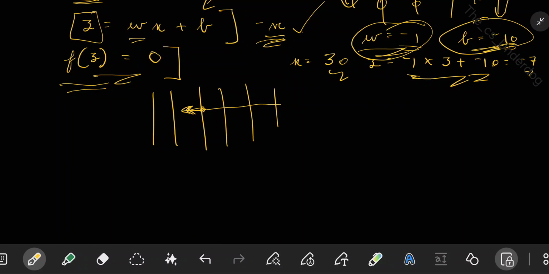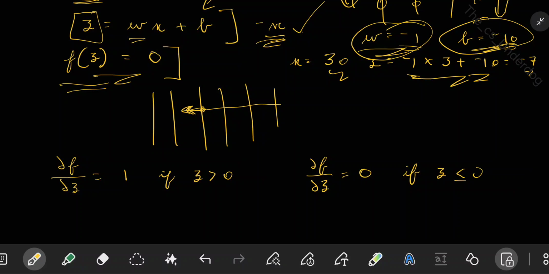Then if you differentiate this, del f by del z, for the ReLU activation function, we already discussed the derivative in the last lecture. For ReLU, this will be 1 whenever z is greater than 0. But this del f by del z will be 0 whenever z is less than or equal to 0. And this is the problem here.